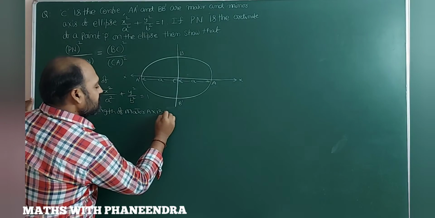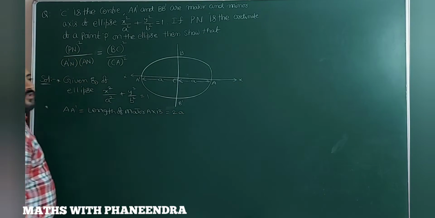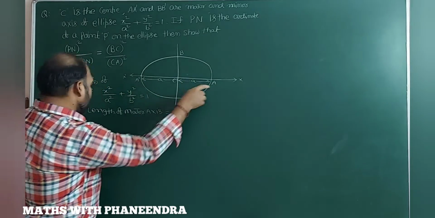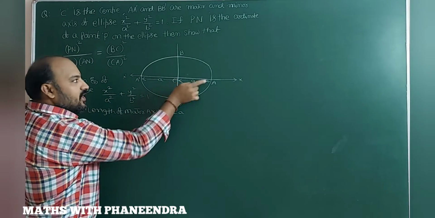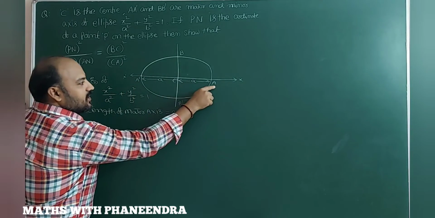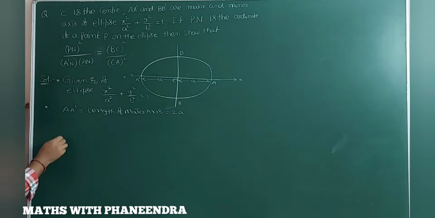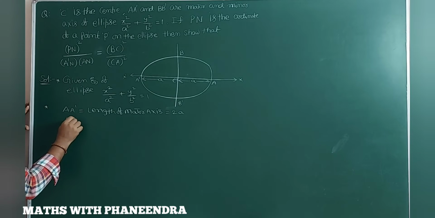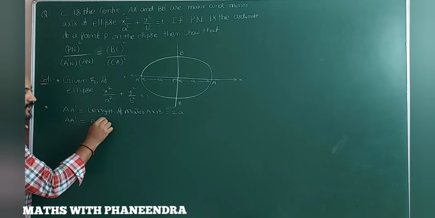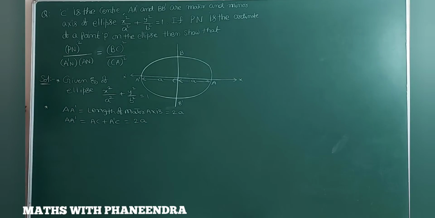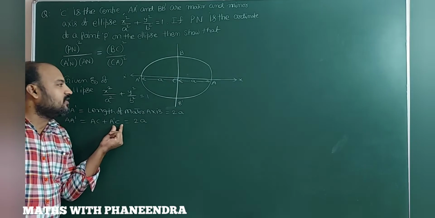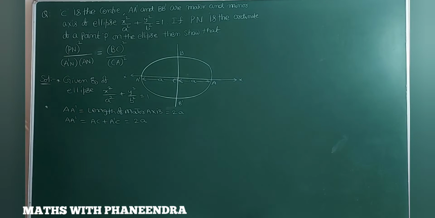Length of major axis is equal to 2a. So A dash A, from here, observe carefully, dear students. C is the center of the ellipse. So A dash A can be written as AC plus A dash C. Can I write like this? A dash A is equal to AC plus A dash C, that is equal to 2a. This value is a, this value is a. That is the reason it will be 2a.